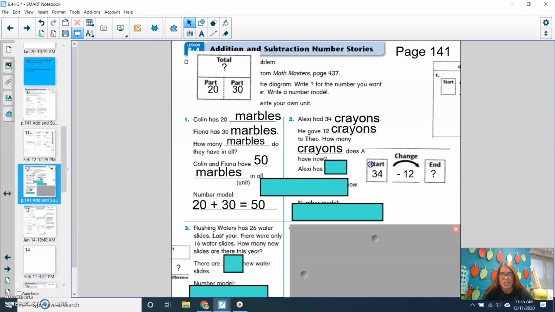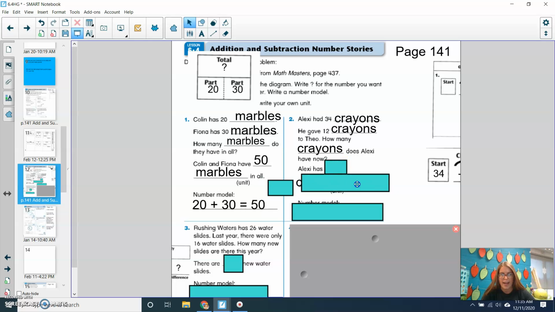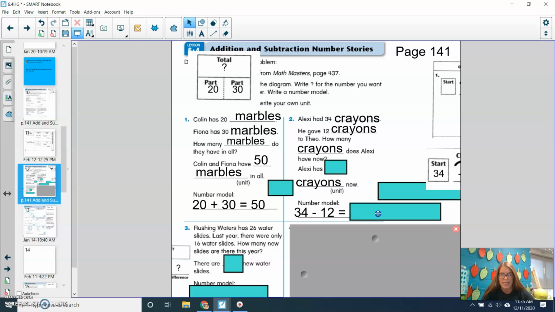So I chose to use the start, change, end because he's starting with 34 crayons and he's giving away 12 and I'm trying to figure out the end. And so I know that 34 minus 12 equals 22. So Alex has 22 crayons.